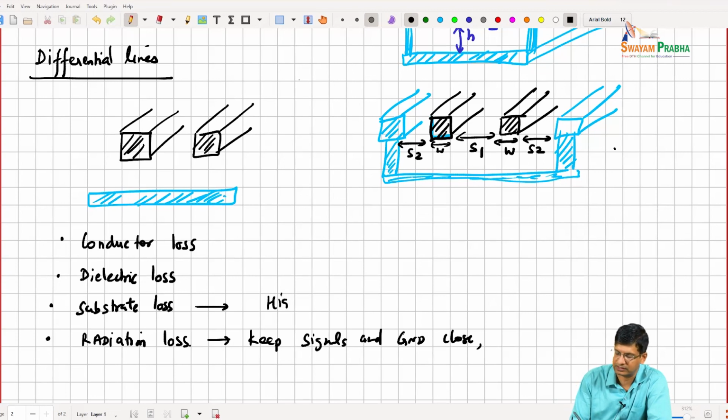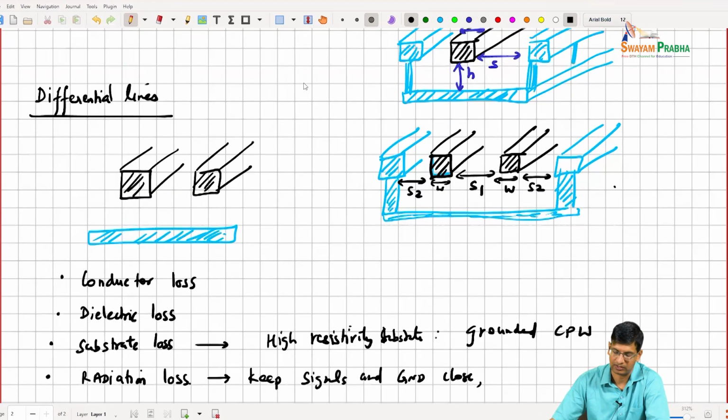For substrate losses, a high resistivity substrate addresses this, and also the grounded CPW structures, which isolate the transmission line from the substrate.